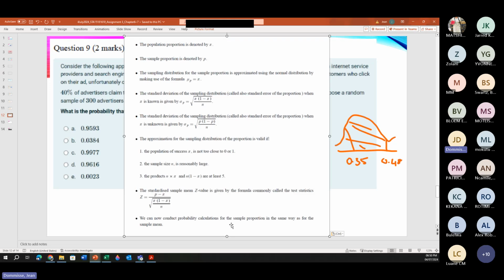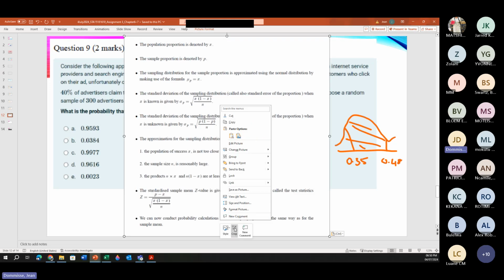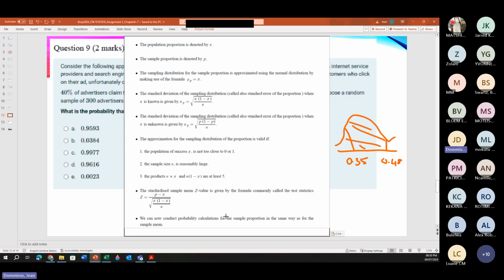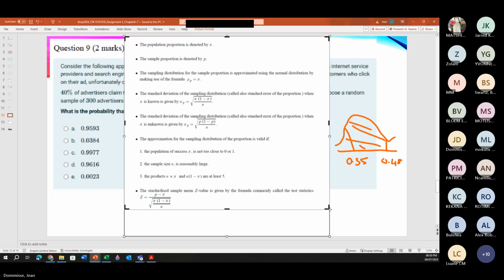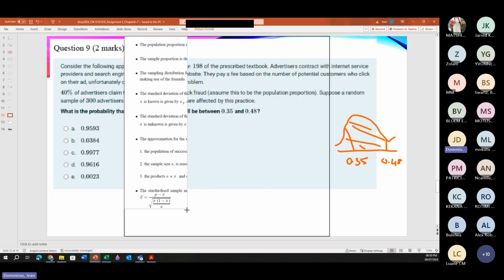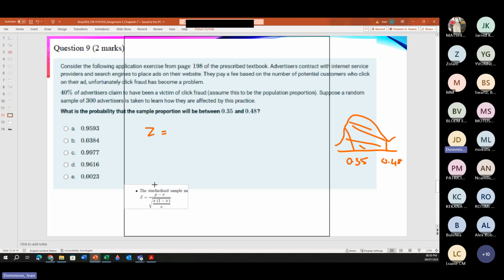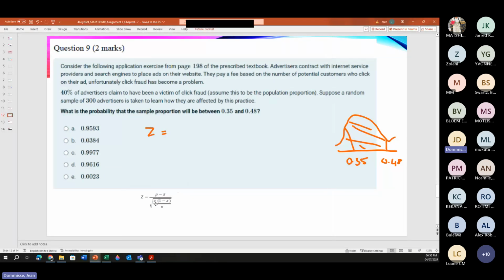I remember the normal distribution one is very much easier to remember. So let's just put this one in for you guys as well. It is there at the top.